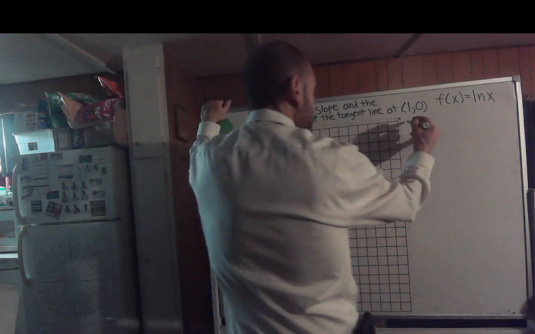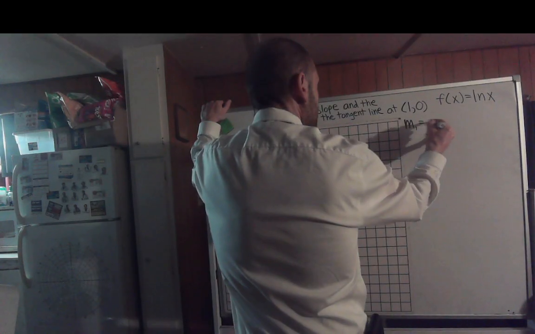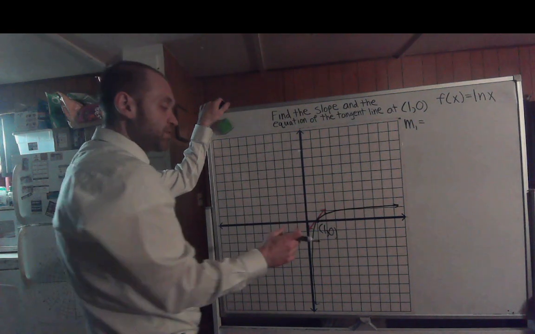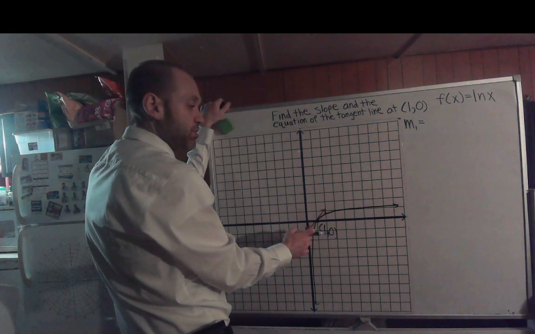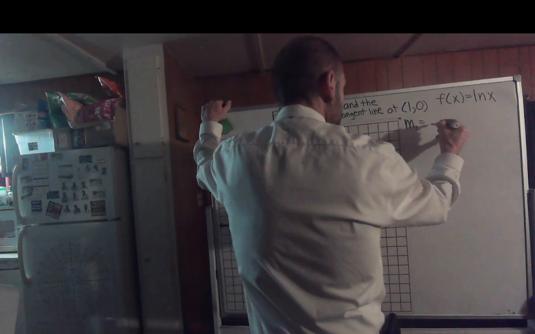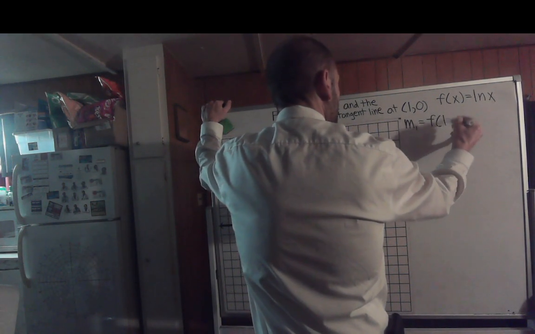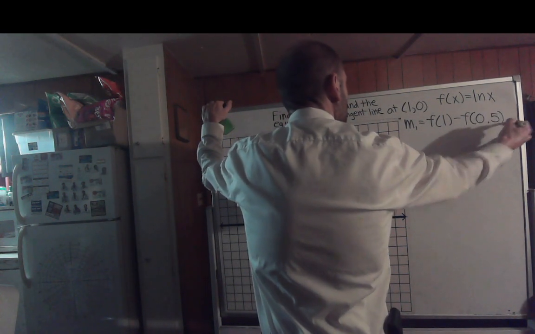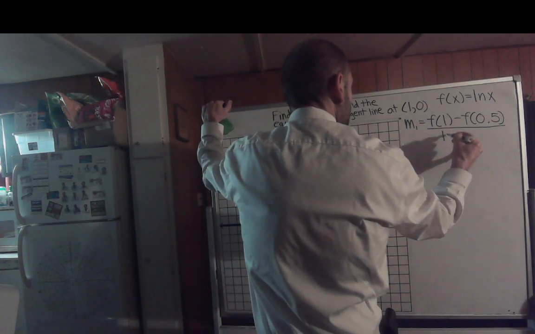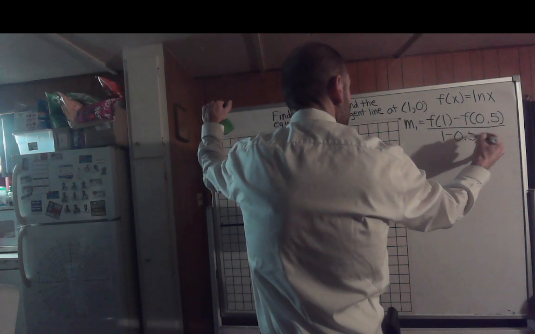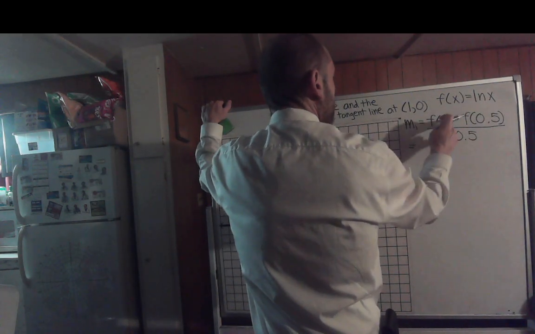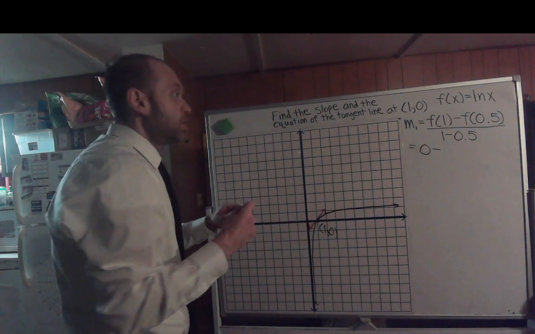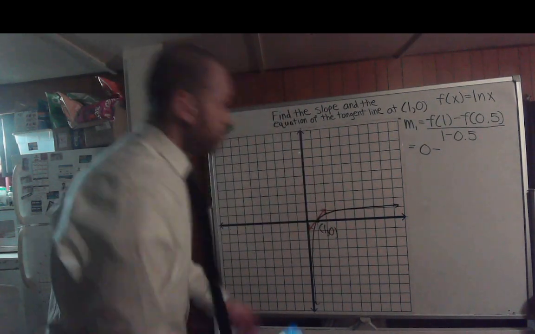That would put me at 0.5, so I'm going to find the slope of the first secant line from x equals 0.5 to x equals 1. So I'll take f of 1 minus f of 0.5, divide that by 1 minus 0.5. Well, f of 1, natural log of 1 is 0, minus, what's the natural log of 0.5?